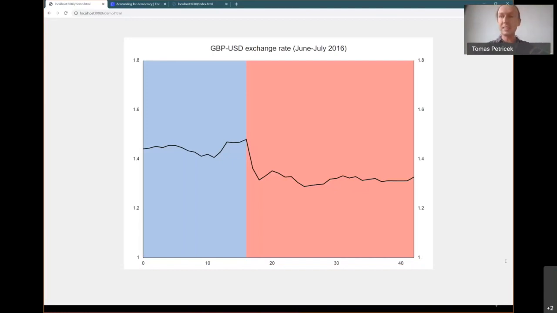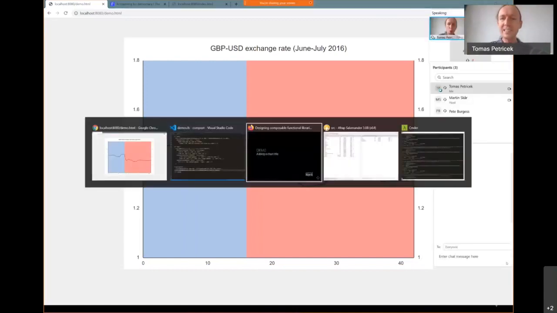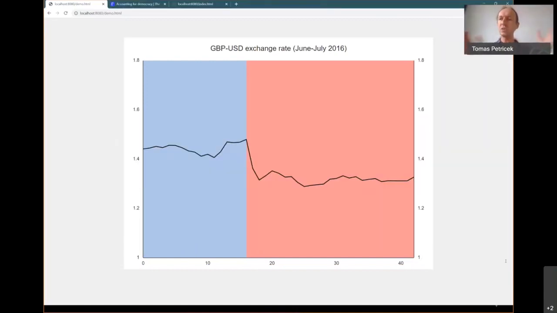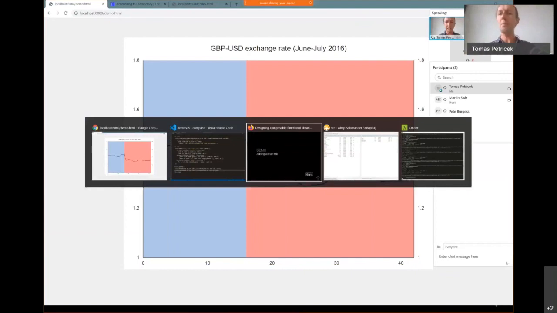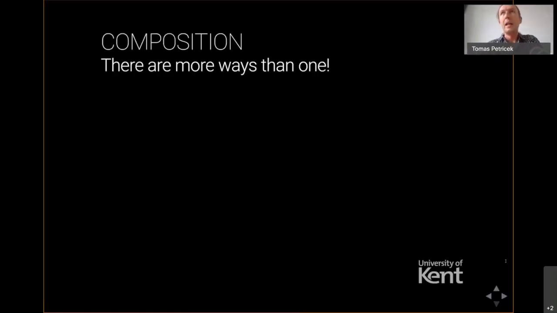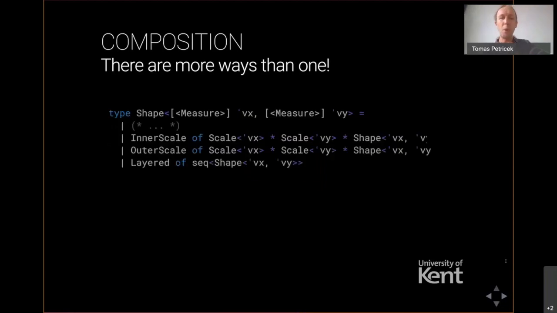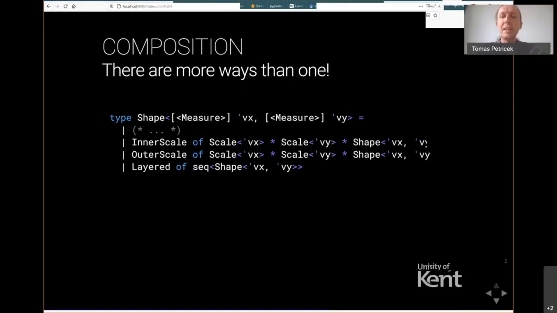So this is a more advanced trick that lets you do various combined charts that overlay each other and maybe share one axis but not the other. But it also lets you do things like titles. And really what's interesting here is that there are multiple ways of composing things. So I have this basic layered operation that really just says put things over each other.